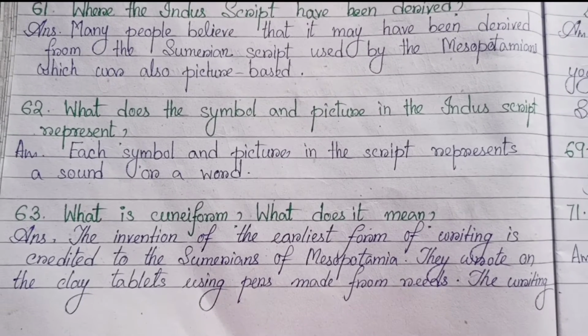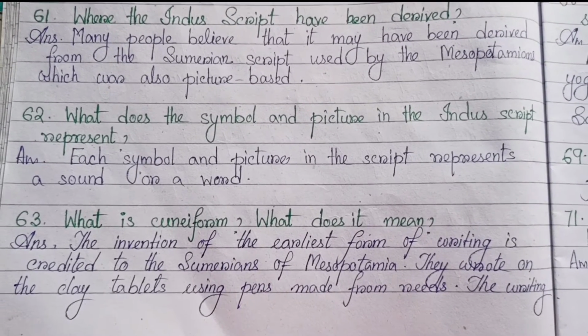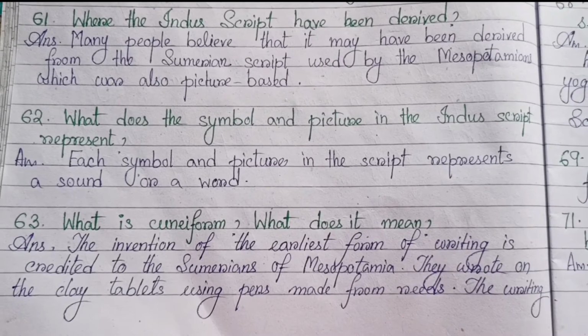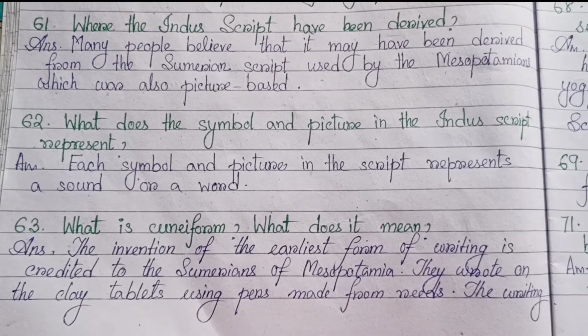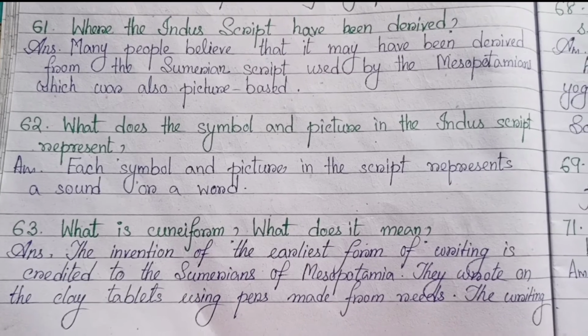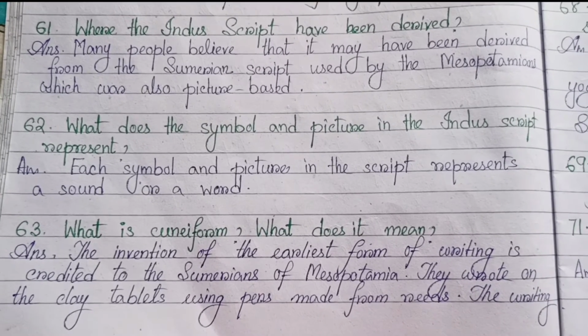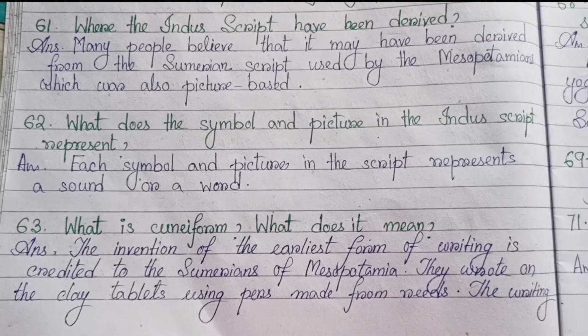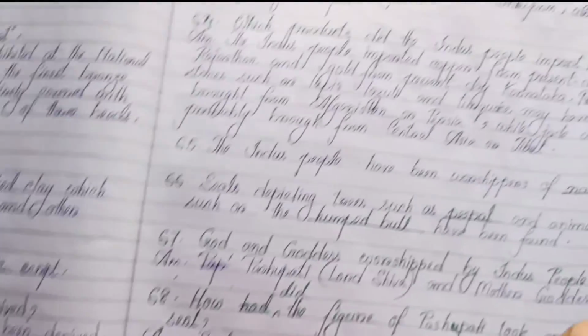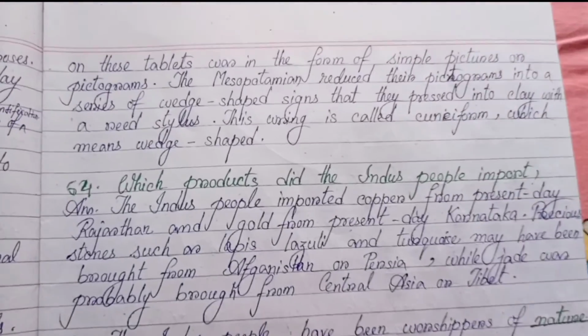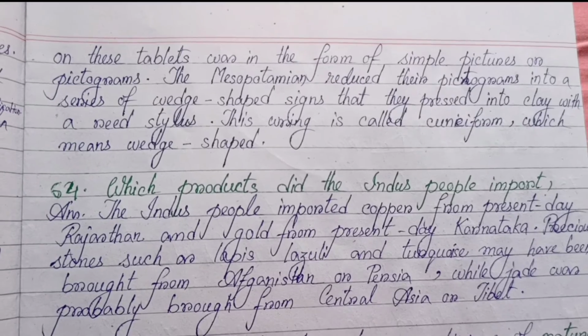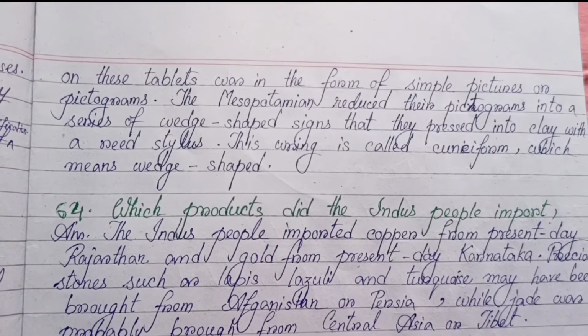What is cuneiform? What does it mean? The invention of the earliest form of writing is credited to the Sumerians of Mesopotamia. They wrote on clay tablets using pens made from reeds. The writing on those tablets was in the form of simple pictures or pictograms.